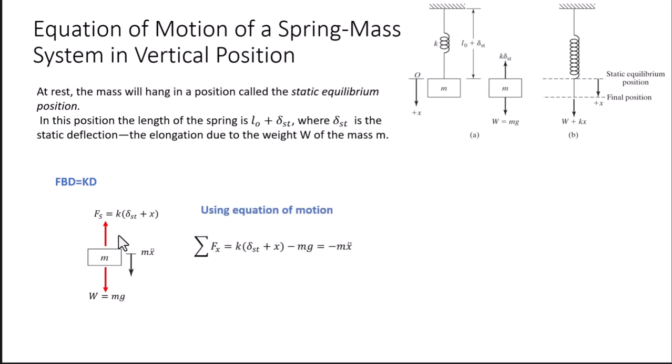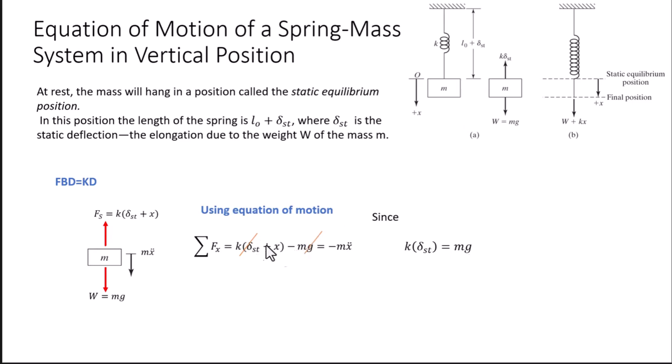Using the equation of motion, we add all forces in x. We call x the vertical direction, just to use the same variable that we used in the previous example. And then we have the constant of the spring times the static deflection plus the deflection of the system when it is in motion, vibrating, minus the weight. Since we already said that the static deflection is a consequence of hanging the weight, we can say that k times the static deflection is equal to mass times gravity.